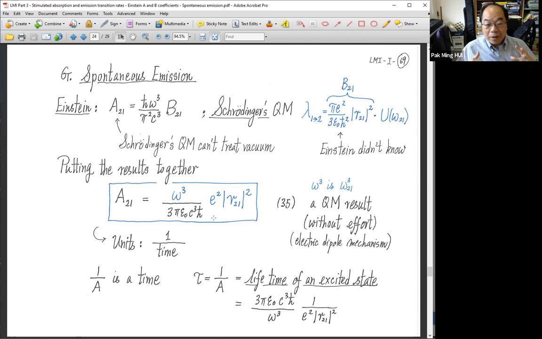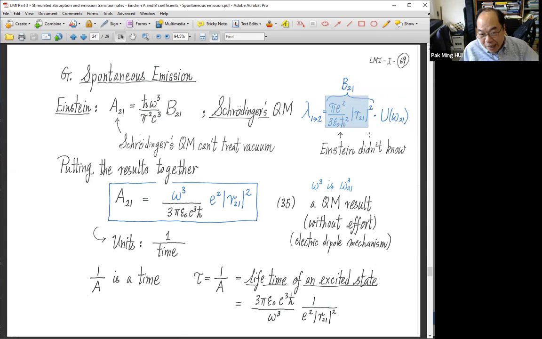So we have suddenly, without doing anything actually, well, we have done something. We went back in time to Einstein's work and came back to quantum mechanics. So with this factor times B, we have the quantum mechanics transition rate for stimulated processes.